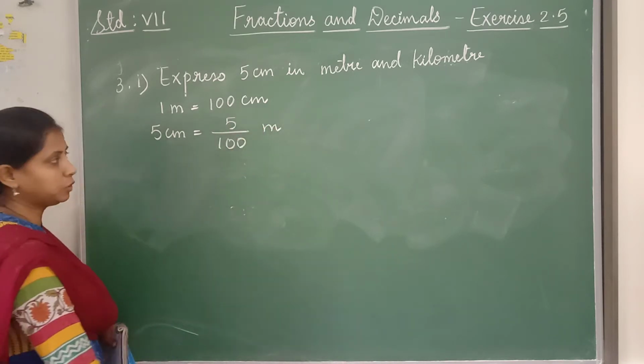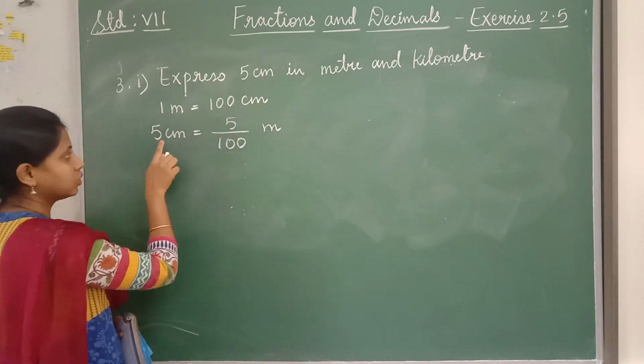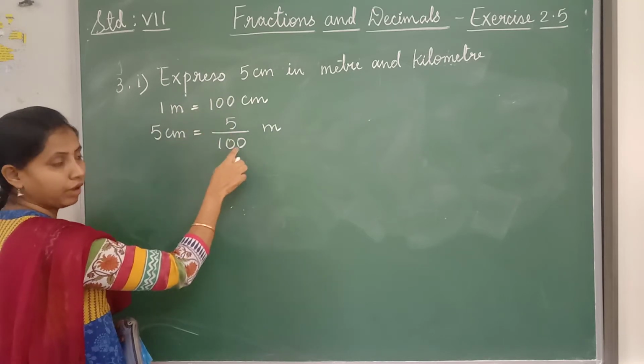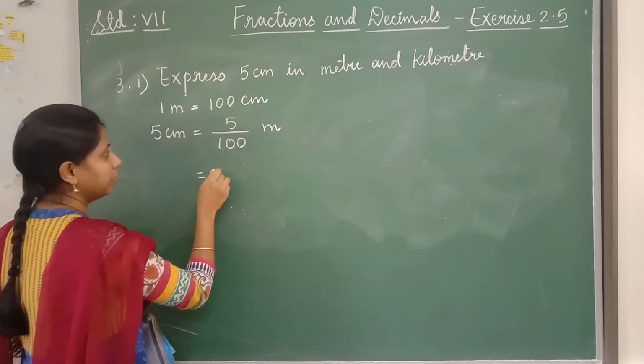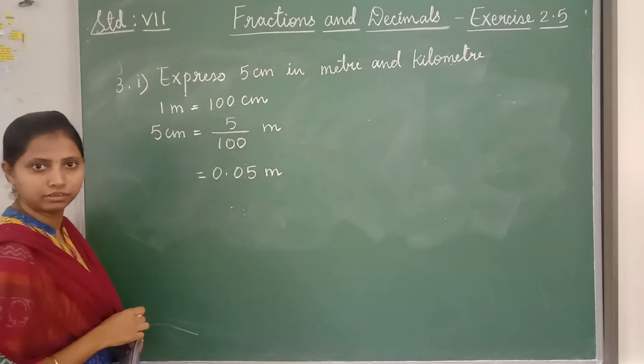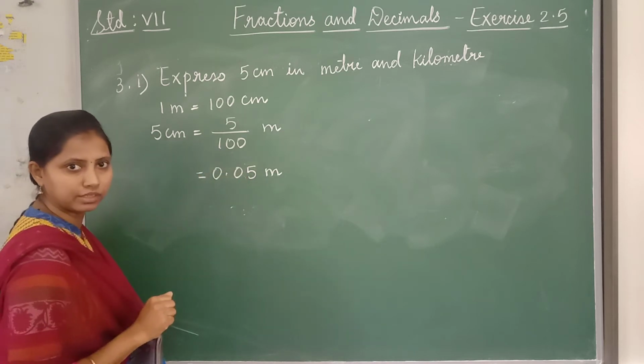So you have to divide 5 by 100 meter. That is nothing but 0.05 meter. Yes, children, 2 zeros, so after the decimal point you must have 2 digits.